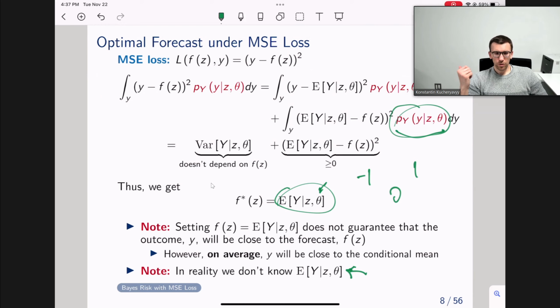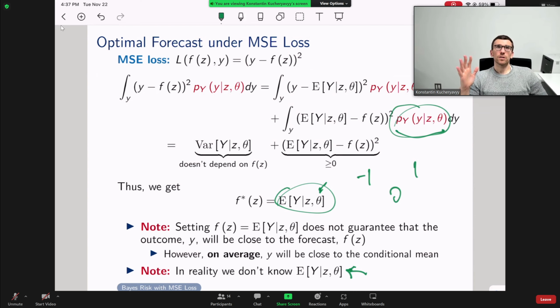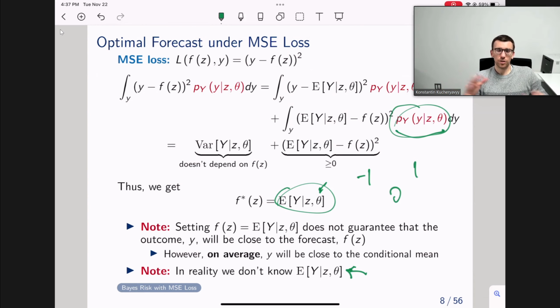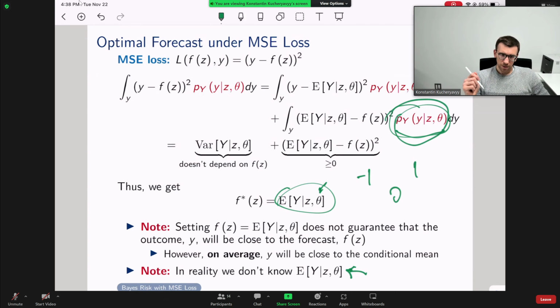When you're choosing to minimize a loss function, in this example a quadratic loss, you are arriving at the decision rule, which is the expected value of y, which is a feature of the distribution p of y conditional on z and theta, but not exactly y.